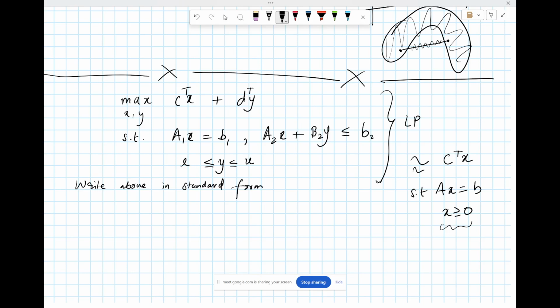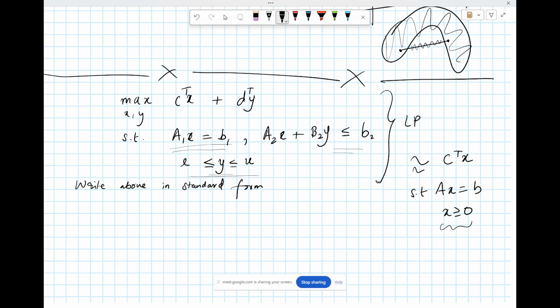How do we do it? We have this equality constraint, but we don't have the x positive condition. There is this inequality constraint, and we have these bound inequality constraints also.